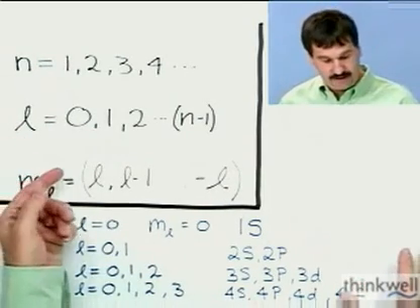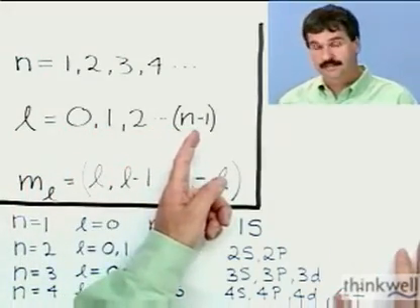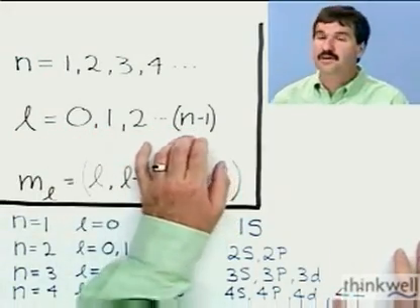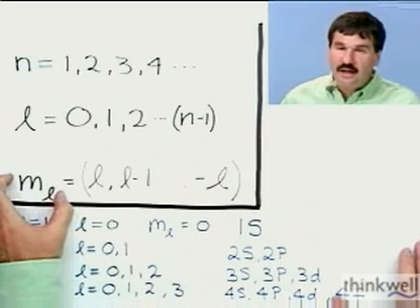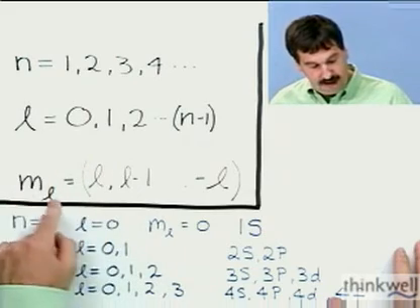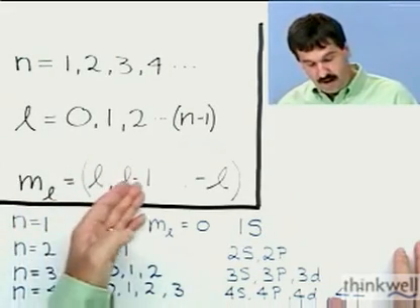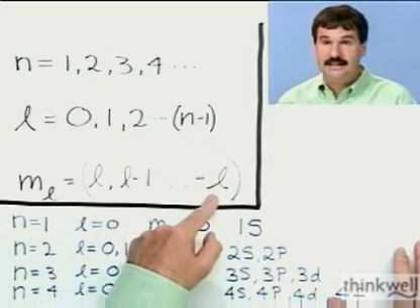L can take on values anywhere from 0 up through n minus 1. And finally, the third is the magnetic quantum number, m sub L. And magnetic quantum number can take on values anywhere from L all the way down to minus L.